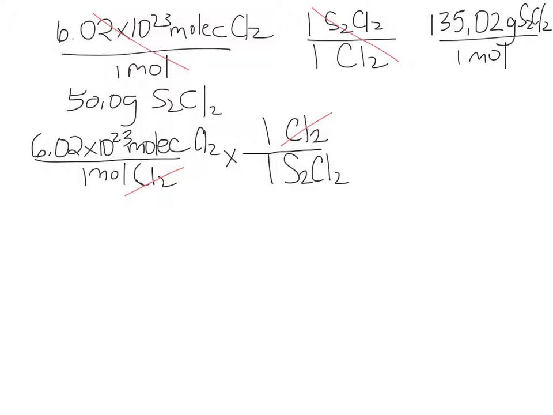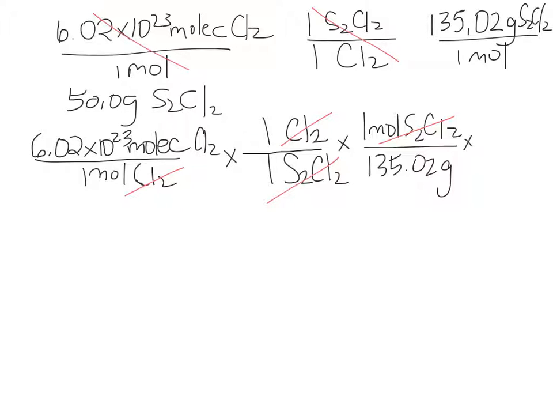Now we've got disulfur dichloride. We want to get rid of it, and we need moles, so we use the molar mass of S2Cl2. But this gives us grams of S2Cl2 that we want to get rid of, so we're going to multiply it by our 50 grams of S2Cl2. So now that's gone as well.